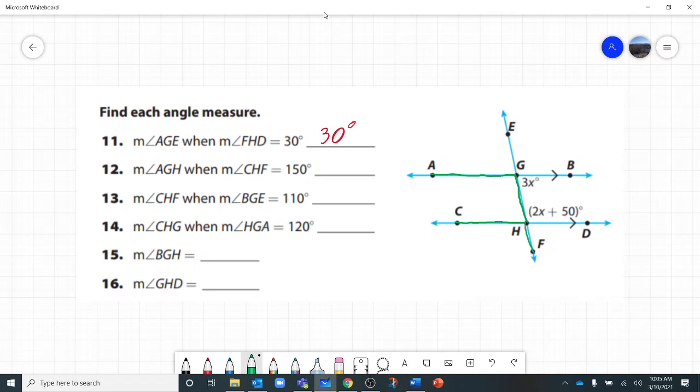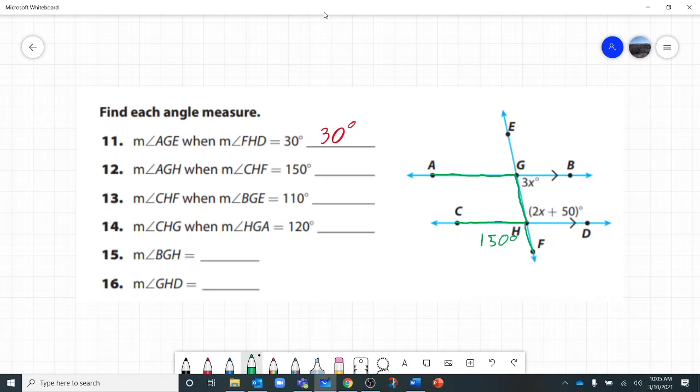So CHF, this one's 150 degrees, and we want to know AGH. Do we have a name for that one? Let me see. Not really. But we know, well, they're same side. No, that one's interior. That one's exterior.